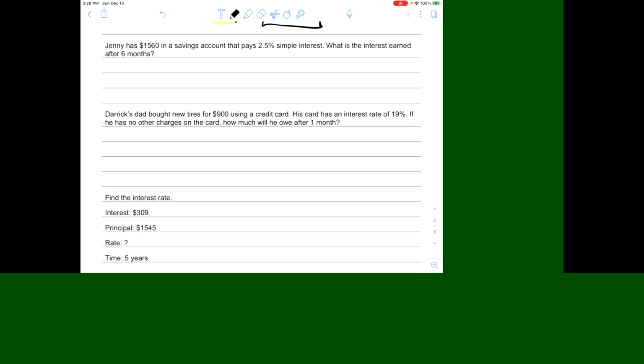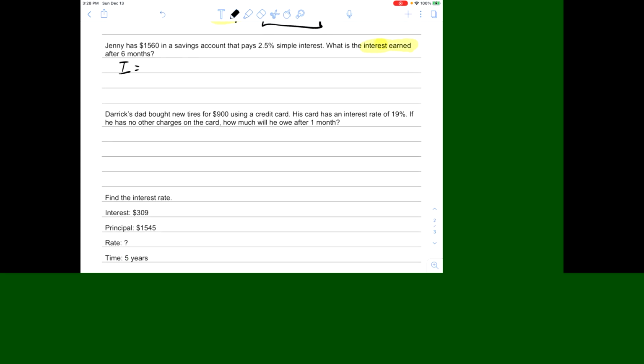So for our next problem, let's see if we can do another one. Jenny has $1,560 in a savings account that pays 2.5% simple interest. What is the interest earned after 6 months? All right. So starting with our formula, the interest is what we're being asked about, the interest earned.